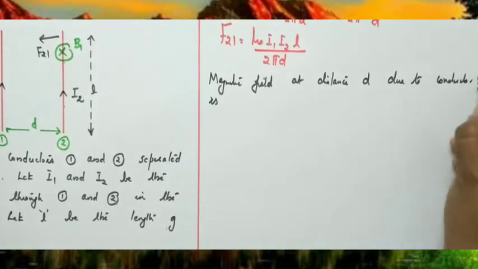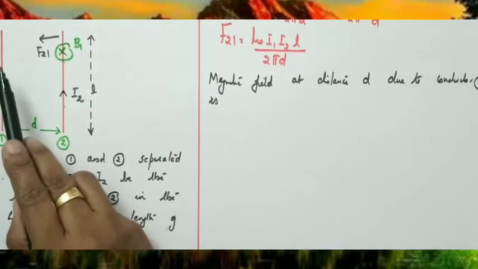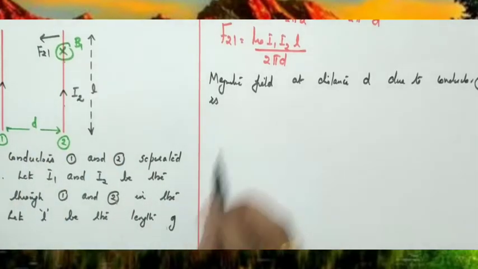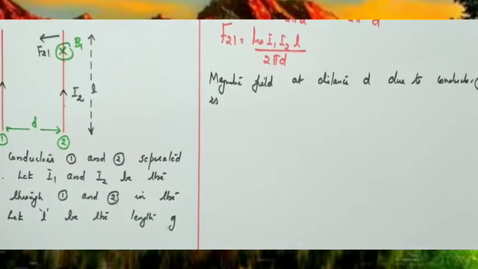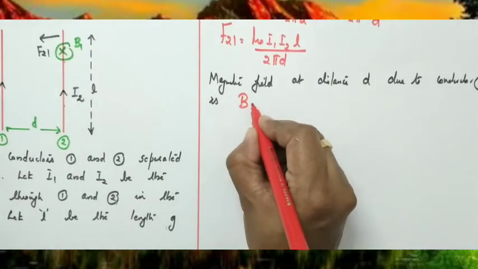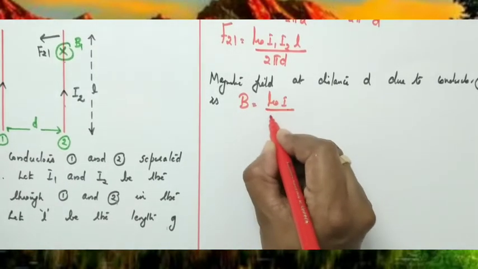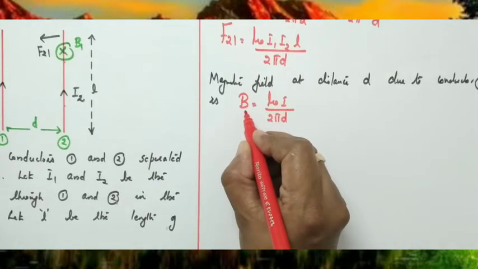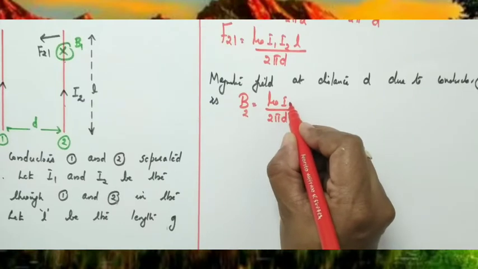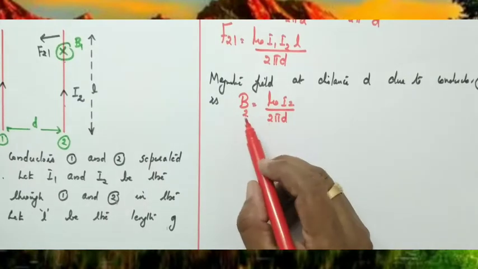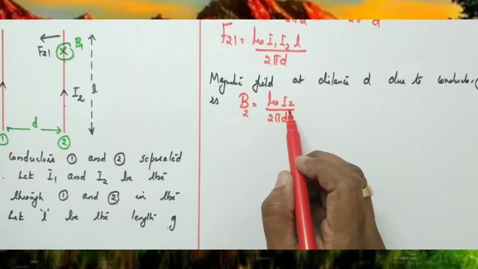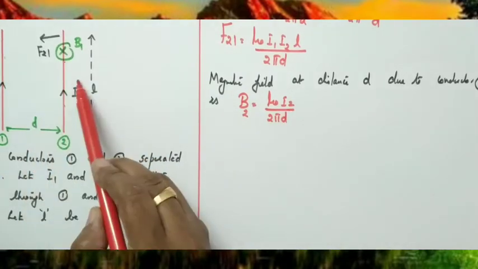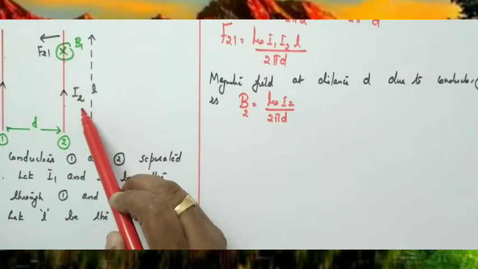Here, the magnetic field at the distance D due to the second conductor, we know the formula for the magnetic field. The magnetic field due to a straight conductor is B equal to mu 0 I divided by 2 pi D, isn't it? Here the magnetic field due to the second conductor, therefore we can write B2, due to second current I2. So B2 equal to mu 0 I2 divided by 2 pi D. This is the magnetic field at this point due to the second conductor carrying current I2.